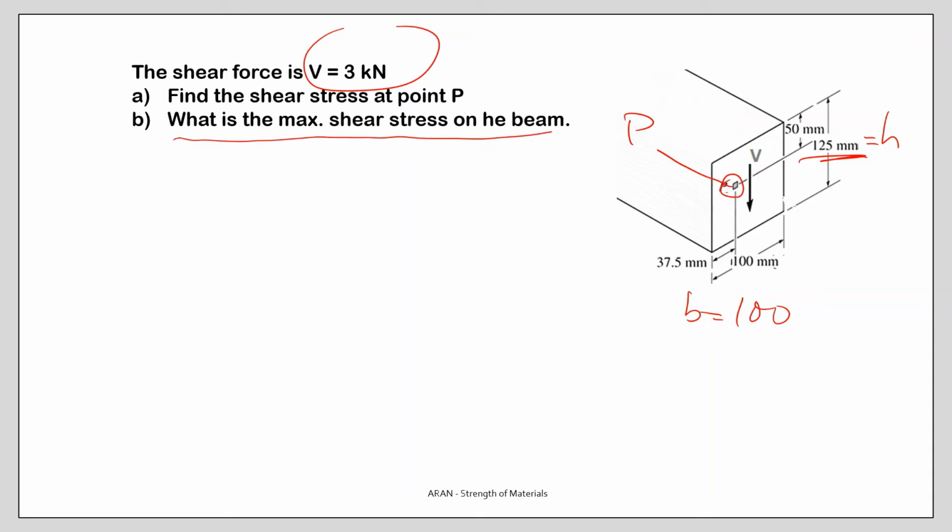We know that the maximum shear stress is on the neutral axis, and since h is 125, this distance is 62.5, and our point P is only 50 millimeters away from the upper surface, so it's not on the neutral axis.